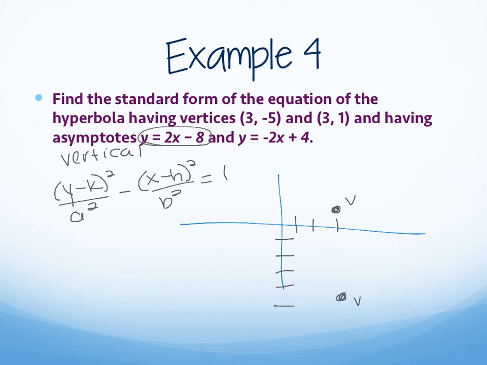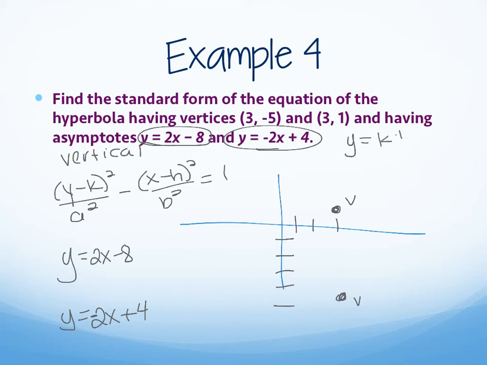These are not set in the standard asymptote format that we had, which was y equals k plus and minus. This is vertical, so it should be a over b times x minus h. The major difference is that x has the number attached to it, so I would factor it out.